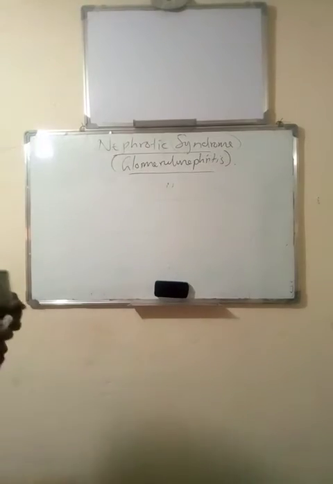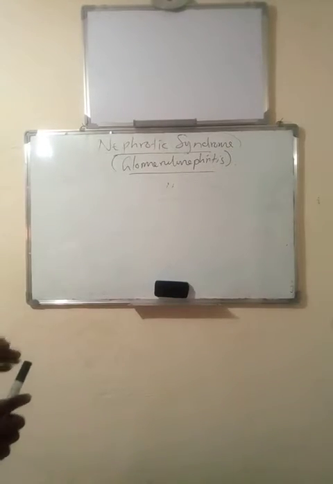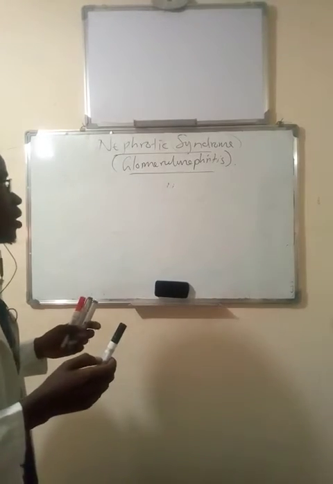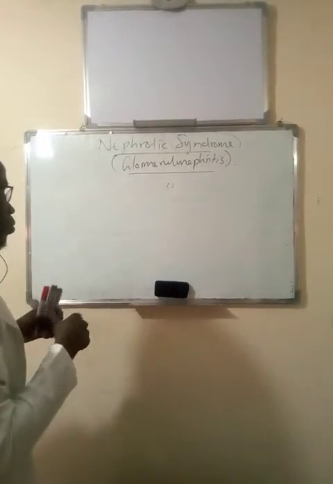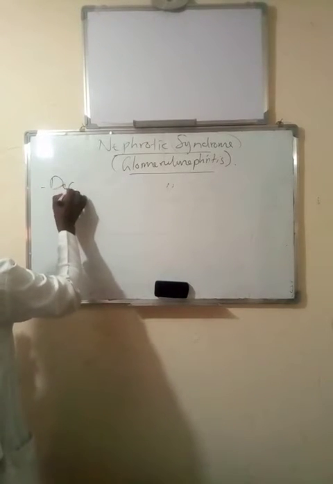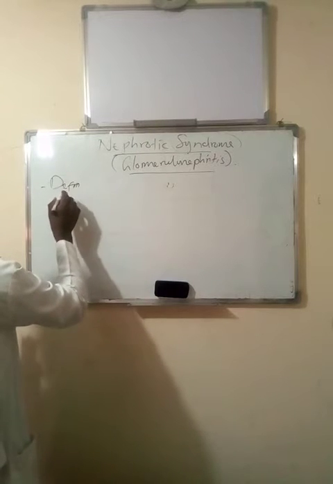And there are different types, and that's why we're going to have two parts of this lesson. In this part, we're going to concentrate on the definition of nephrotic syndrome.